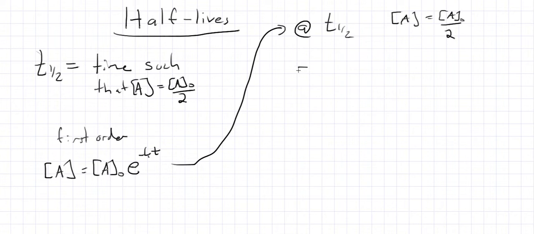So we can say A0/2 is equal to A0 e^(-k T1/2). And then we can just divide both sides by A0 and then take the logarithm of both sides.